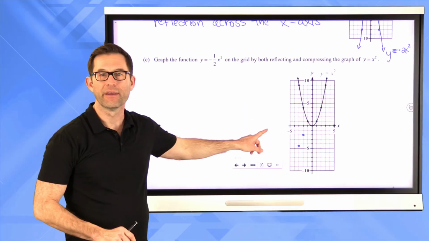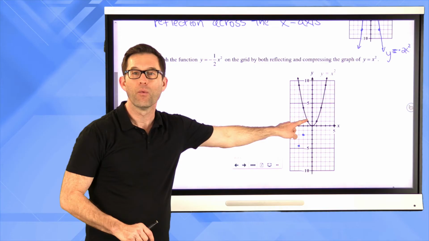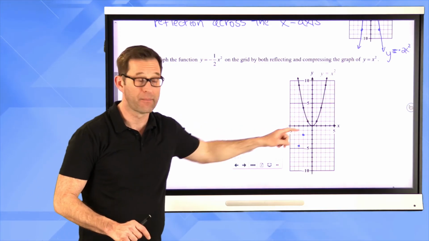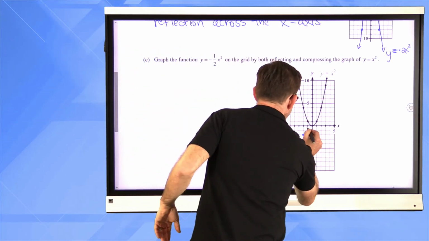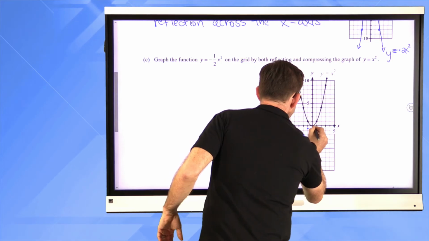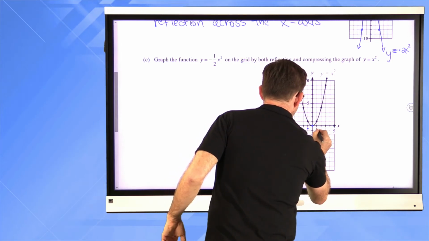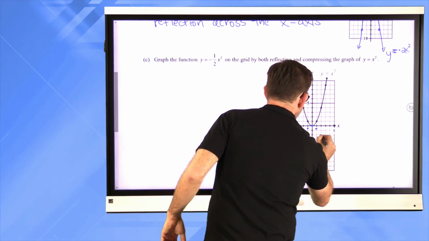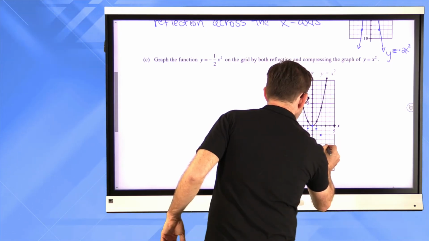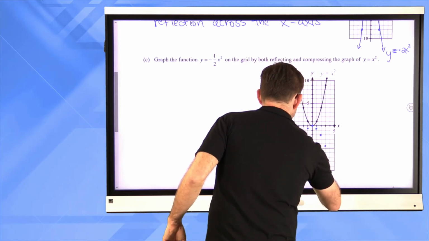This y value of 1, when I multiply by negative 1/2, will become a y value of negative 1/2. This y value of 0 will stay at 0, then another negative 1/2, then another negative 2, and then a negative 4.5.